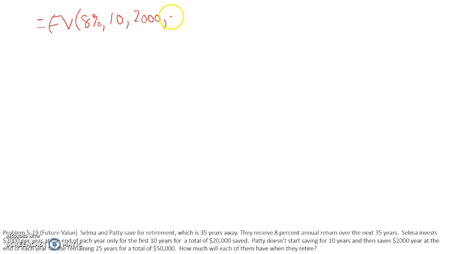She's going to be depositing $2,000 at the end of each year. So right now she has 0. So you enter that into Excel, and you get $28,973 and 12 cents. So now at the end of 10 years, this is what she has.